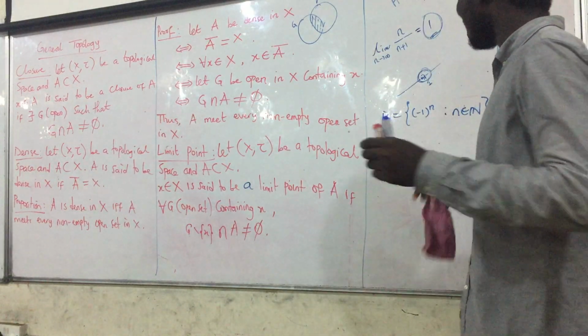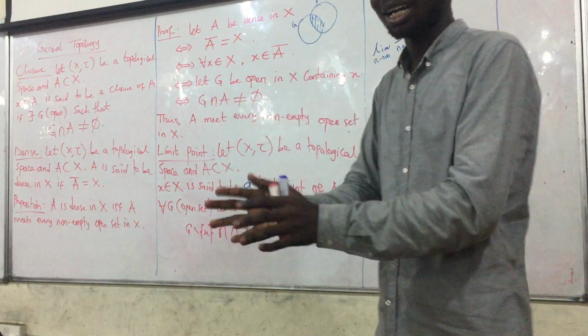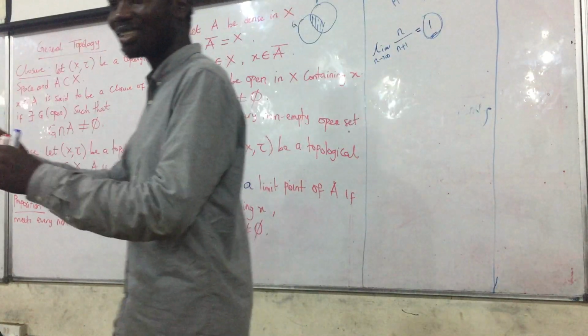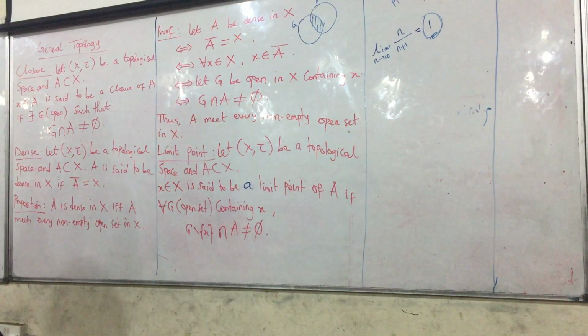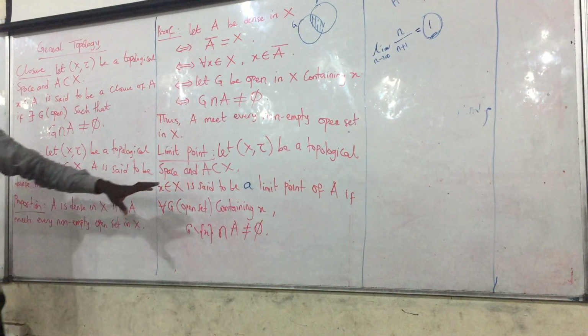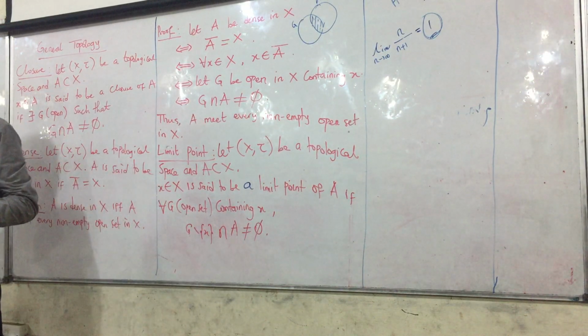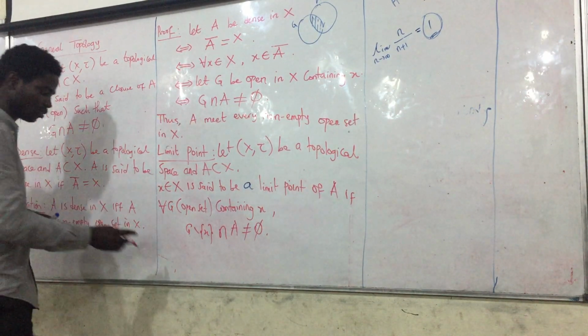If you take all the limit points together and put them as a set, the name of that set is called the derived set.